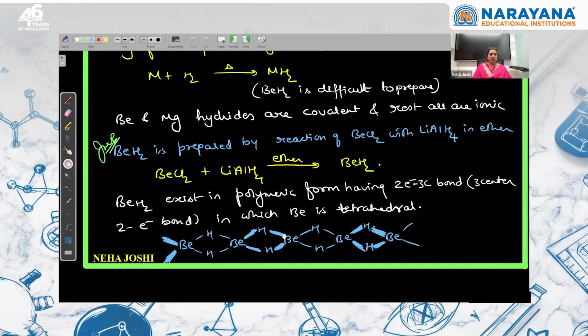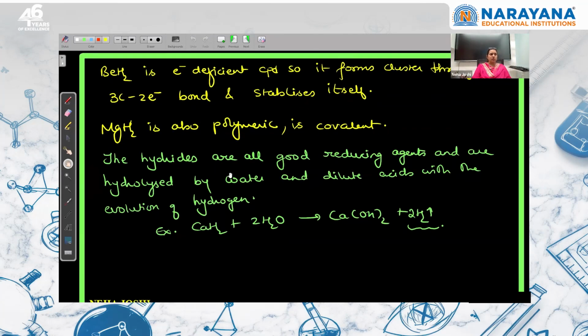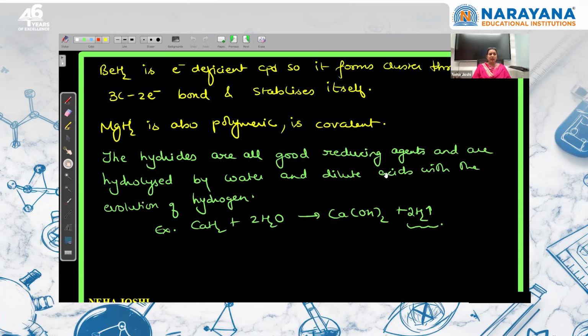This type of bond is formed, ultimately giving a tetrahedral appearance for each beryllium. One BeH bridge like this, another perpendicular to it. MgH2 also forms polymeric and is covalent. Hydrides of all others are ionic and behave like first group saline hydrides.